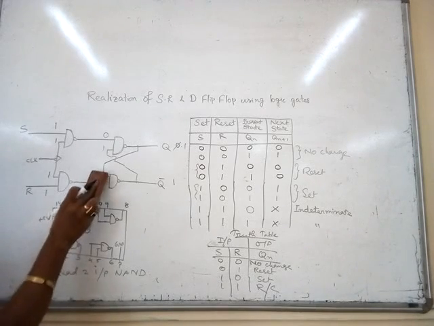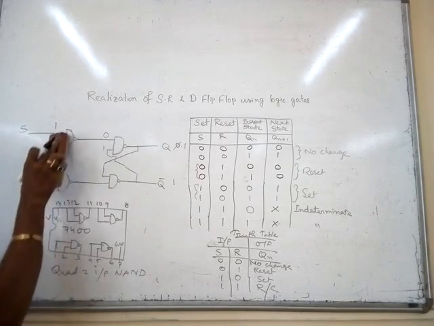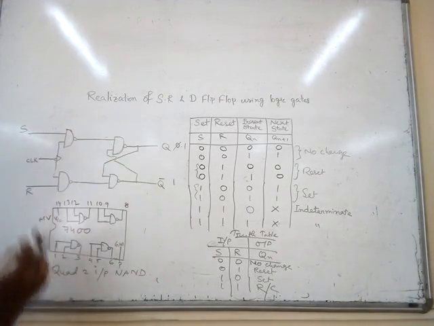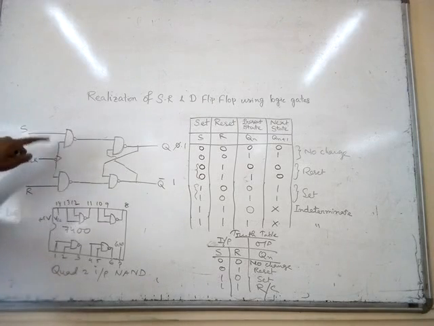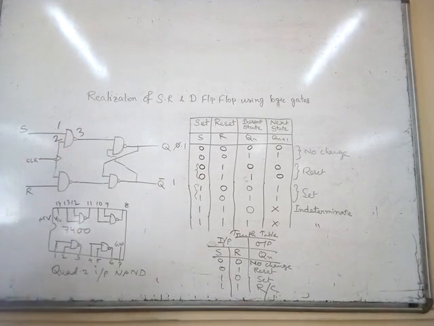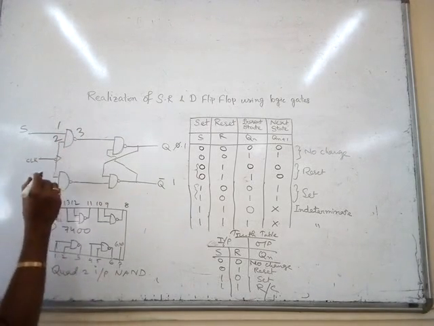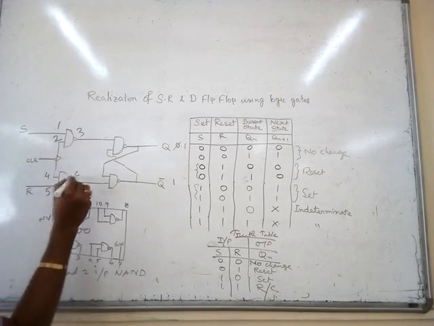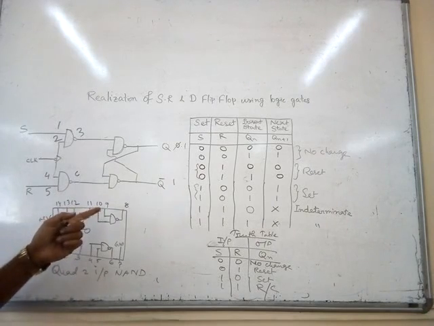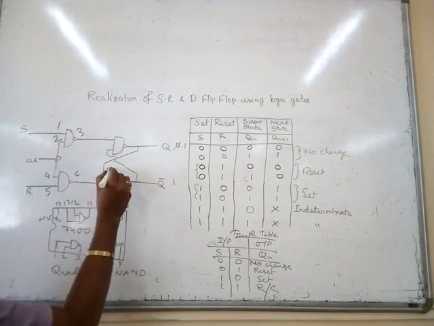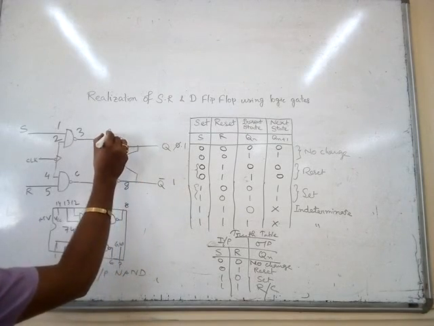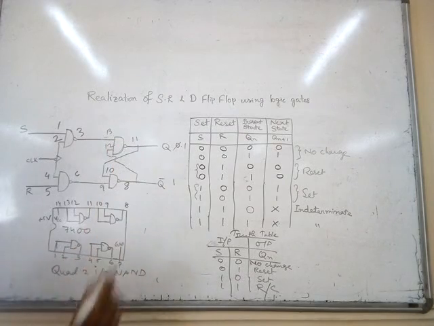So first we see the pin number and get the pin number into the circuit. So it is the first gate. We assume it is the first gate. 1, 2, 3. Next 4, 5, 6. Next 13, 12, 11, or you can take 10, 9, 8.